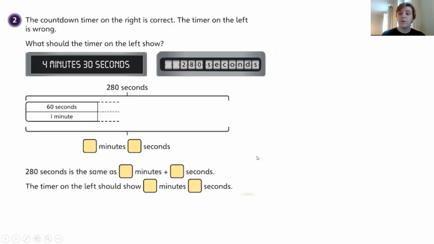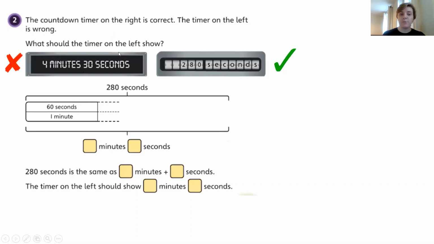Now, question 2. The countdown timer on the right is correct. So this one is showing the correct time that is left over, 280 seconds. The timer on the left is wrong. So 4 minutes and 30 seconds is wrong.